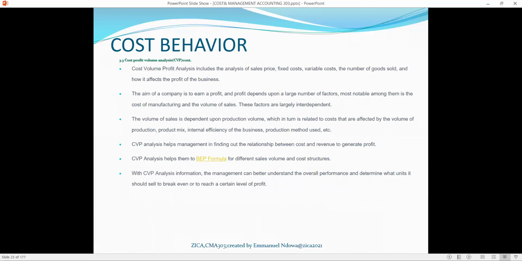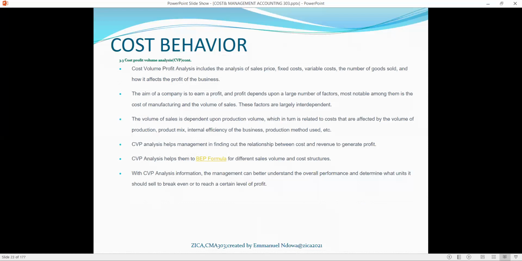The cost volume profit analysis also helps management in finding out the relationship between cost and revenue to generate profit. So that's the essence of the profit volume analysis to management.